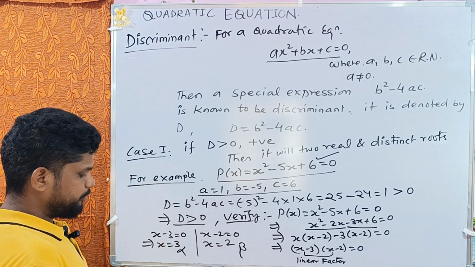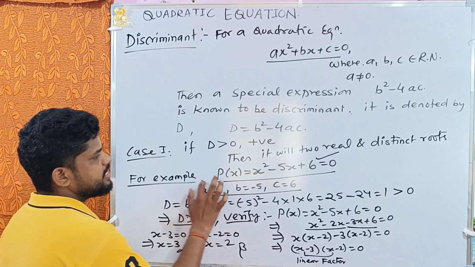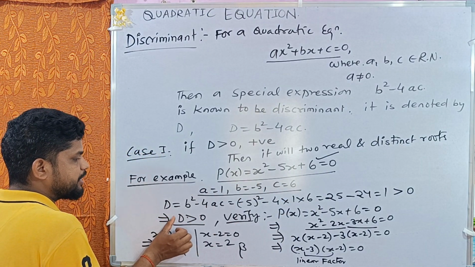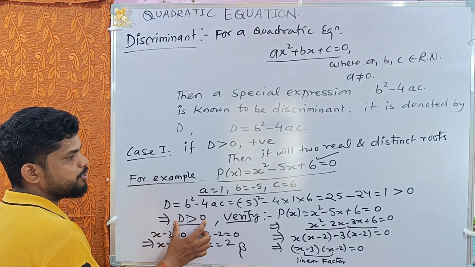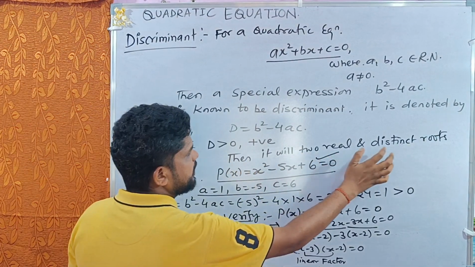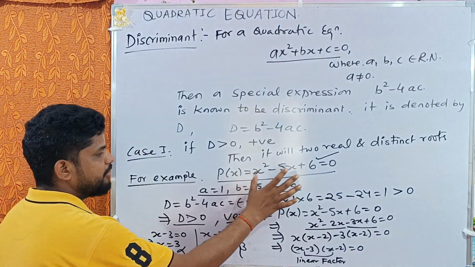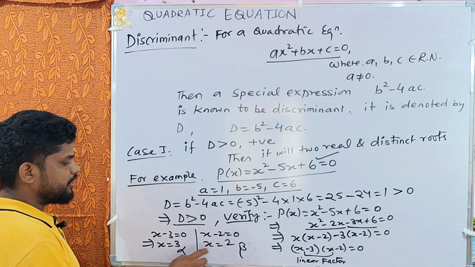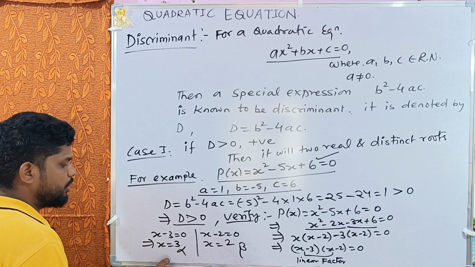Since for this particular quadratic equation we have got the discriminant greater than 0, which is positive, as per the rule it should have two real distinct roots. We have verified it because here we got two real roots, 3 and 2.